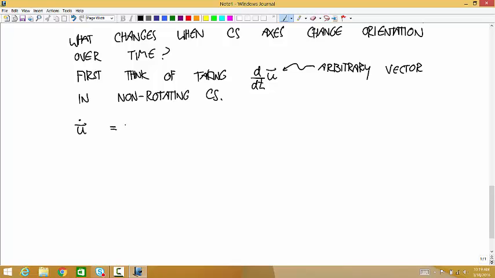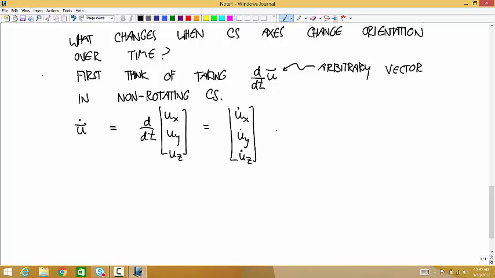Well, u dot is just equal to d dt of ux, uy, uz, right? And so that's equal to ux dot, uy dot, uz dot, which is equal to ux dot times i plus uy dot times j plus uz dot times k.